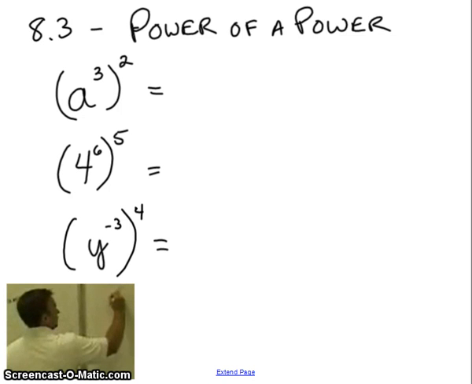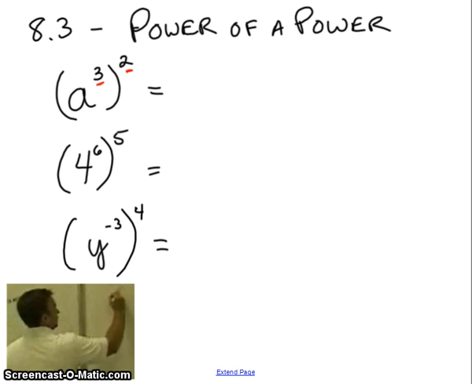Okay, 8.3, we're going to look at the last property, power of a power, and review different problems that have several properties within them. Okay, in power of a power, we have a power raised to another power. So in this case, we have a cubed squared.